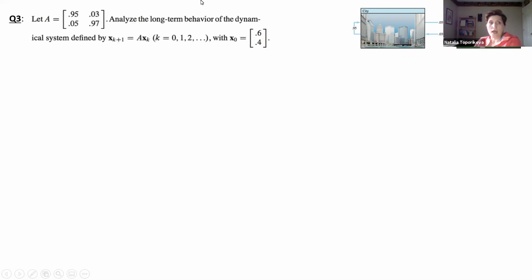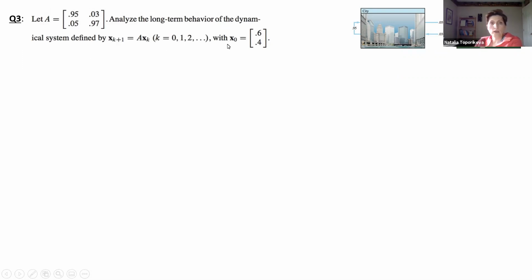We know from the data that every year 5% of the population moves from the city to the suburbs, and 3% move from the suburbs to the city. When we worked through this problem initially, we formed a stochastic matrix A, which accounts for movement between the city and the suburbs.